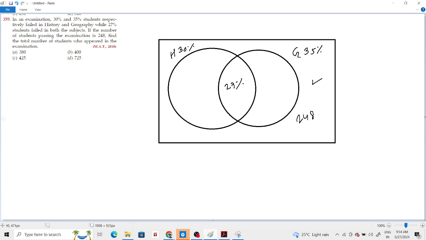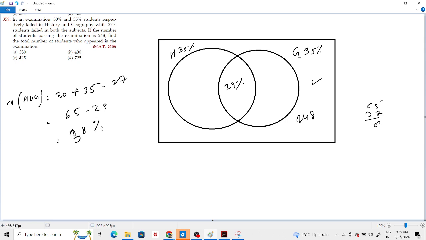So let me find out the union of these two, n of H union G. That is going to be 30 plus 35 minus 27%, that is 65 minus 27%, which is 38%.